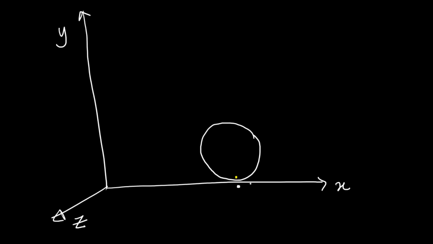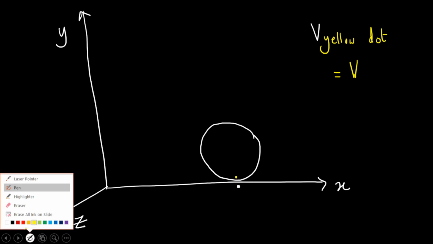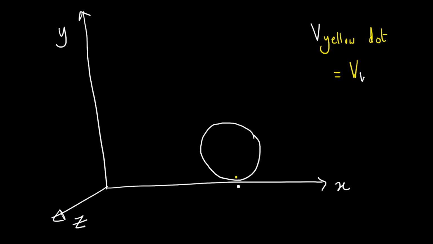The yellow dot does not slip with respect to the white dot, which means that the velocity of the yellow dot at that instant is equal to the velocity of the white dot at that instant. Now this clearly is 0 because the white dot is on the floor and the floor is stationary.